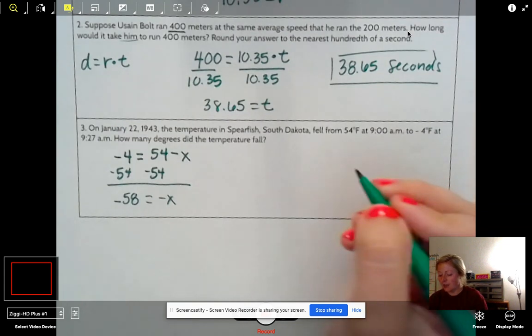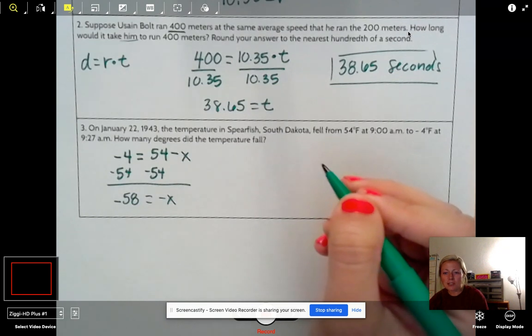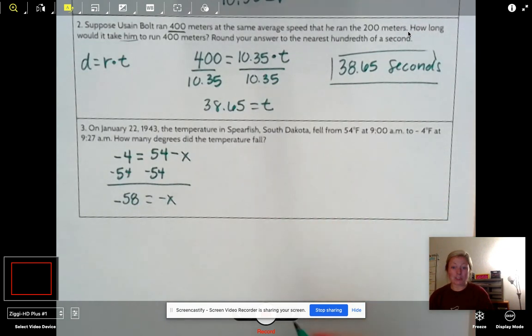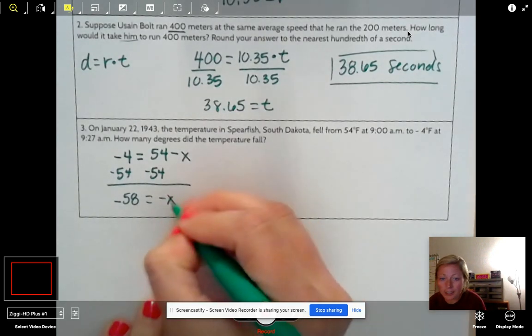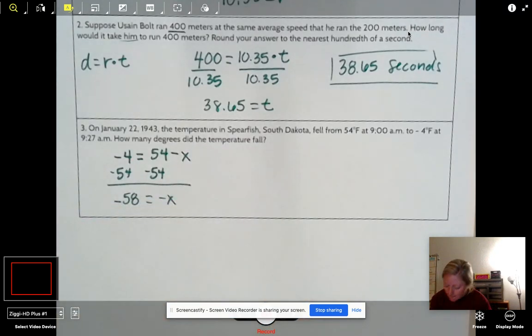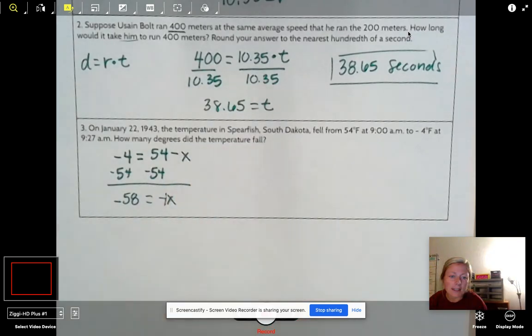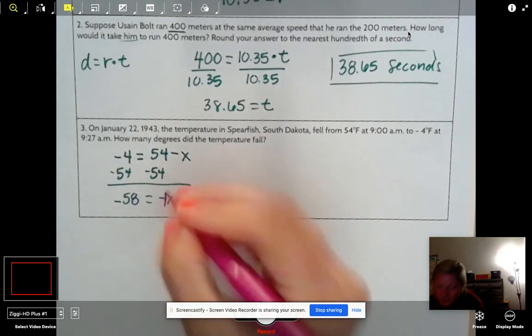So now, do we want a -x? We don't. You don't want a negative number. So how do you get rid of that negative? Well, technically, there is an imaginary 1 right there. It's not written, but it's there.